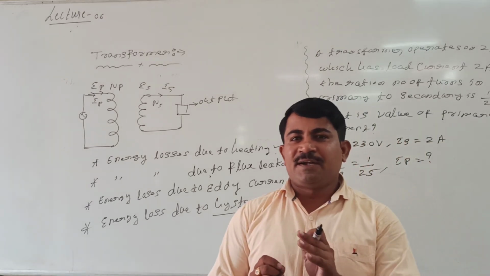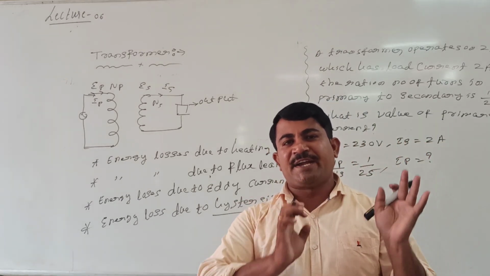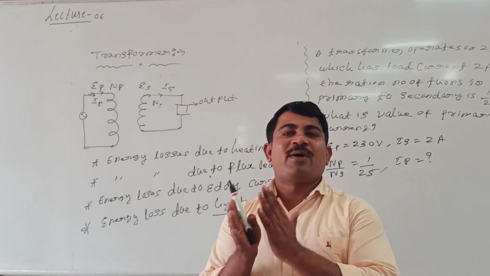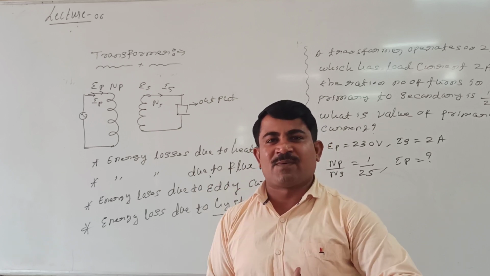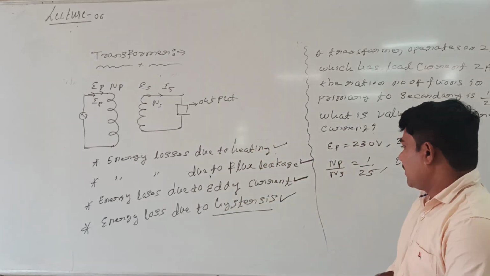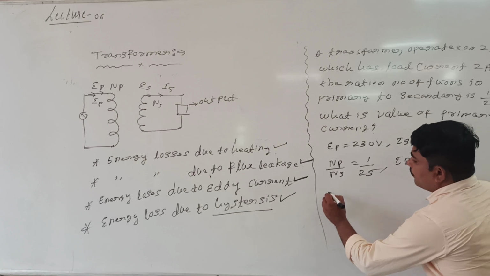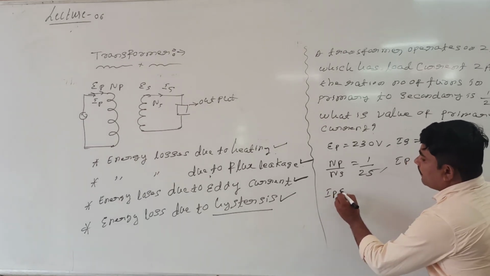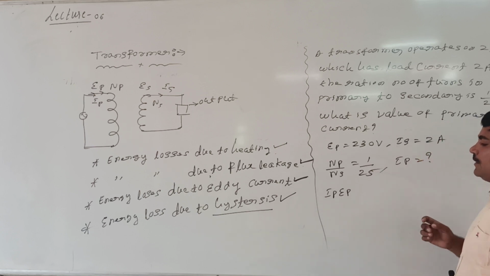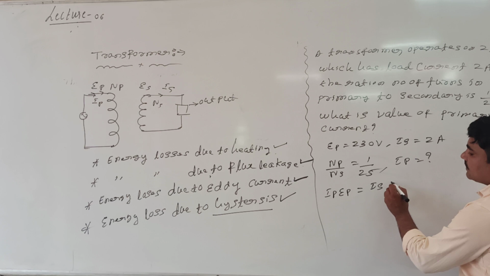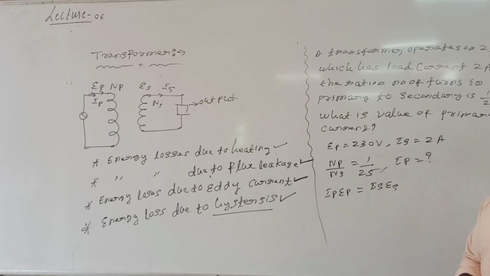See here. To understand this, let us go for an ideal transformer. We know an ideal transformer: if input power is equal to output power, such a transformer we call an ideal transformer. Right? Input power is IP into EP, and IP into EP is equal to IS into ES.